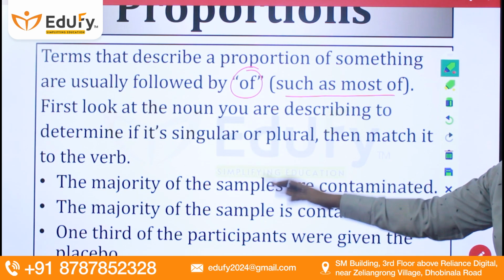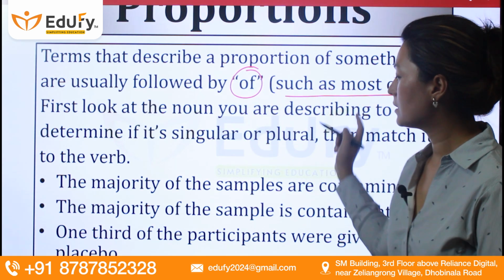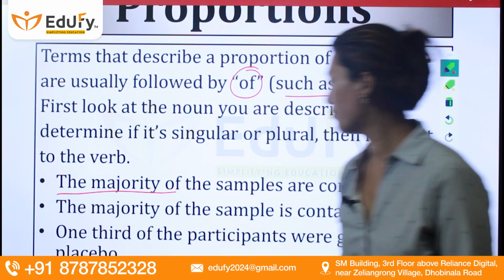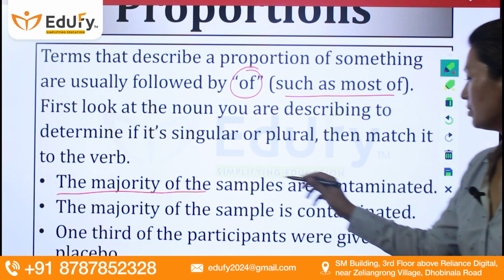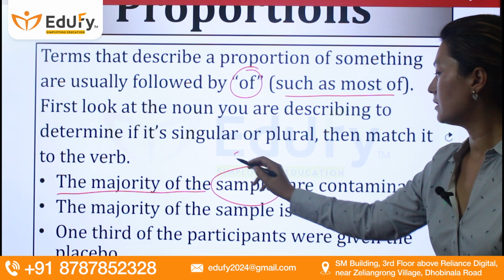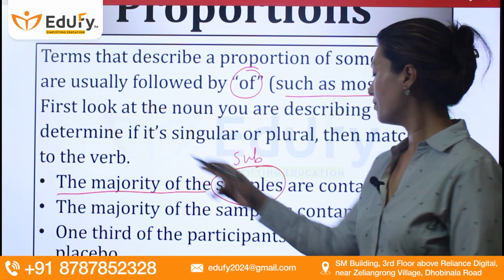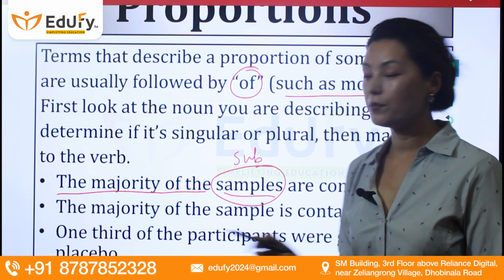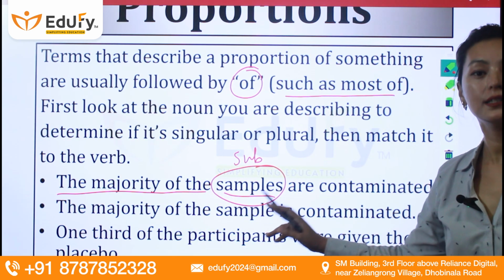So let's take a look at this example. The majority of the samples are contaminated. Whenever we are saying majority of the, what do we do? We are going to use this one, which is the subject. I'm talking about the majority of the samples, right? I'm not talking about the proportions, but rather talking about the proportion of the samples.